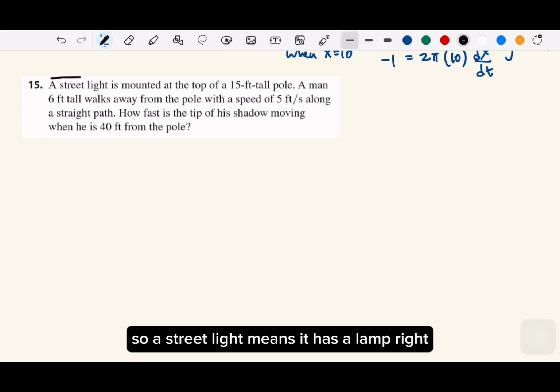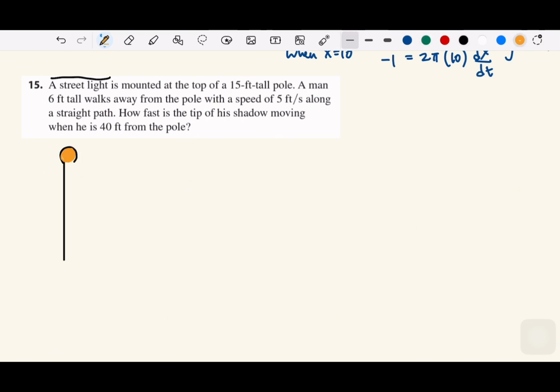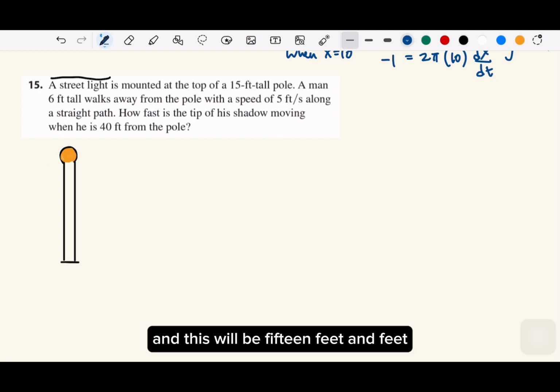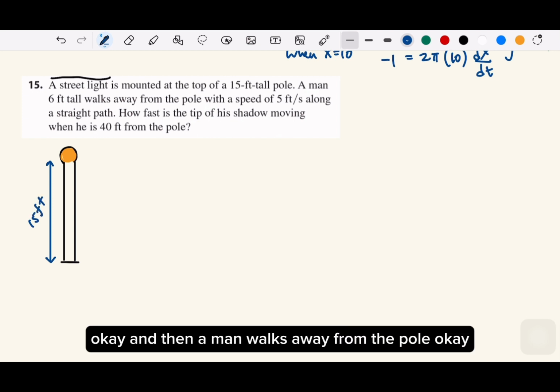A street light means it has a lamp on the top. Okay, so let's say this is the street light. So let me draw its street light. And this will be 15 feet. Okay, and then a man walks away from the pole. So let's say the man will walk maybe here.